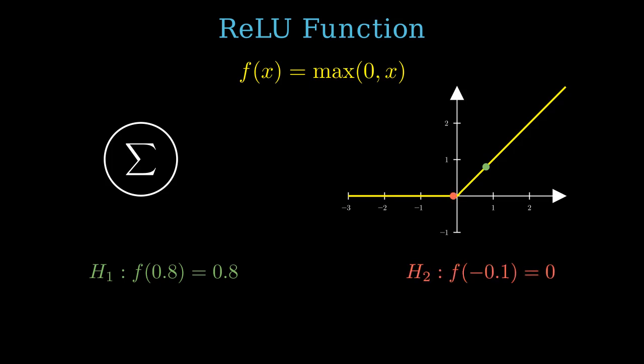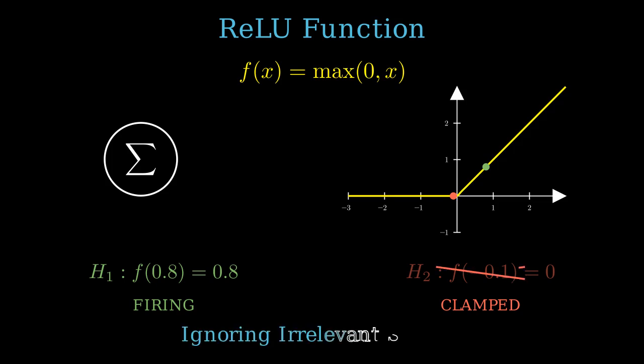However, for neuron H2, the negative 0.1 is clamped to exactly 0. This step is crucial because it decides which neurons are actually firing and contributing their information to the final decision. It allows the network to effectively ignore irrelevant or negative signals that do not help in identifying the email as spam.